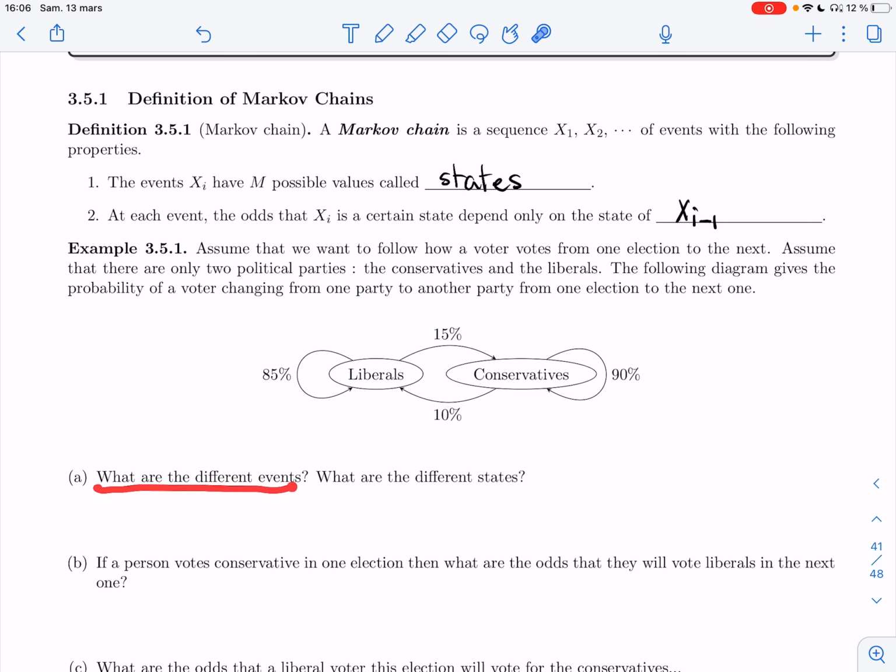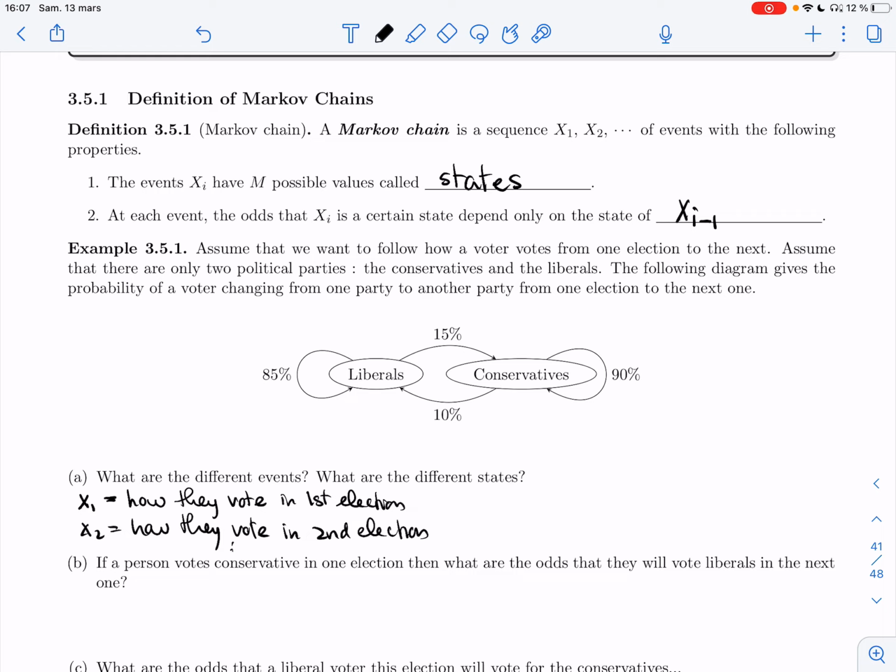I want to know what are the events. So I would say x1 is how the voter votes in the first election, x2 how they vote in the second election, and so on.